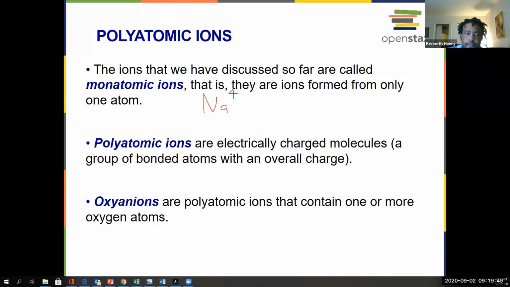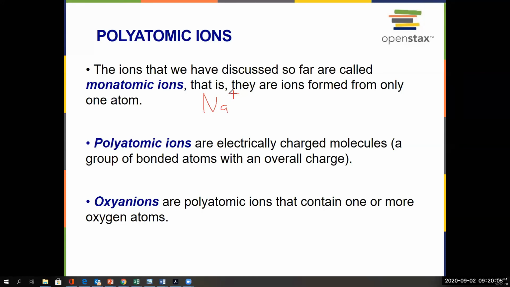I have to put that up for you guys. You will get a sheet of all the polyatomic ions, because I don't really believe in having you memorize them. I prefer you know them. The way that you know them is by using them, so I'm going to work you like a dog till you learn them.